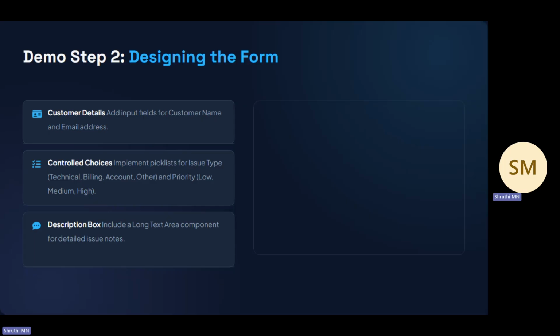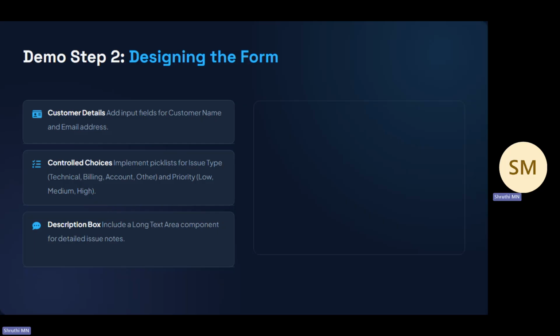Why do I recommend this? Because data quality matters. If users enter free text, you may end up with high priority, urgent, very high. Now your reporting becomes messy. Controlled choices help standardize information. Pro tip: whenever possible, design your flow to prevent bad data instead of fixing bad data later. This is a very important Salesforce design principle.